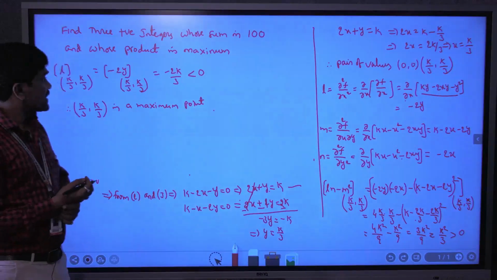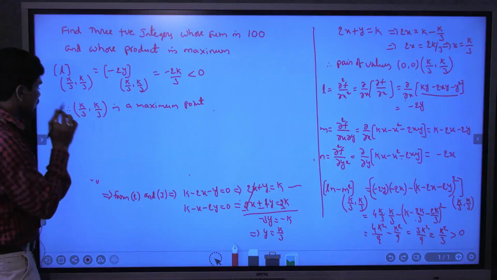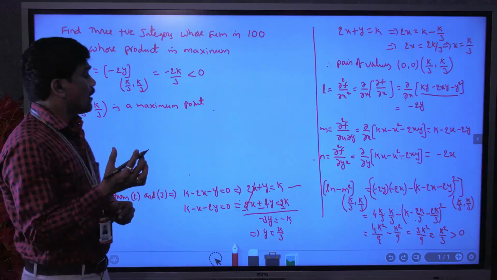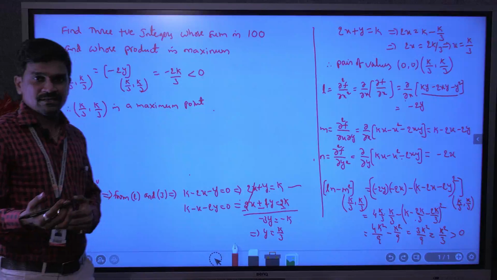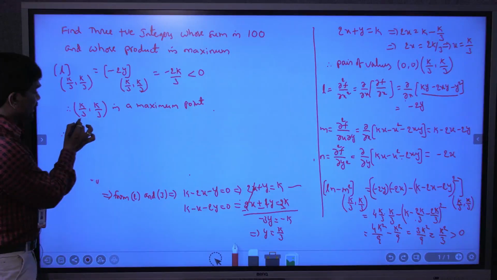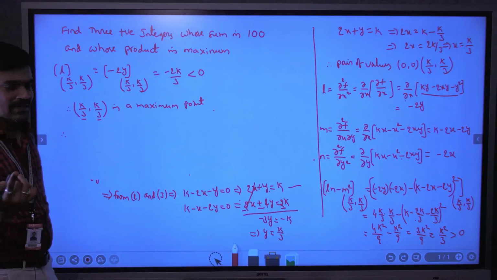Here we get only x and y. So what is the maximum value? Actually here the function to maximize is f = xy(k − x − y). After getting x and y, what is z? First of all calculate z.